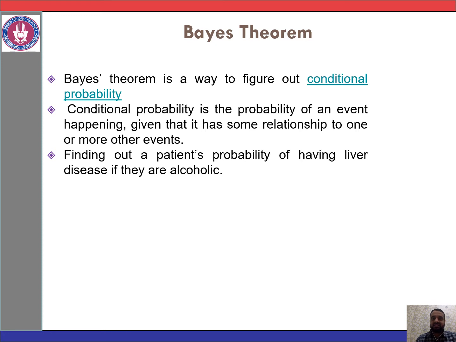So there is a condition between different events. If we want to find one event, we have to find its relation with the other events. So it is conditional. For example, we want to find the probability of a patient having a liver disease if they are alcoholic. So we will use this as an example to further elaborate the Bayes theorem.